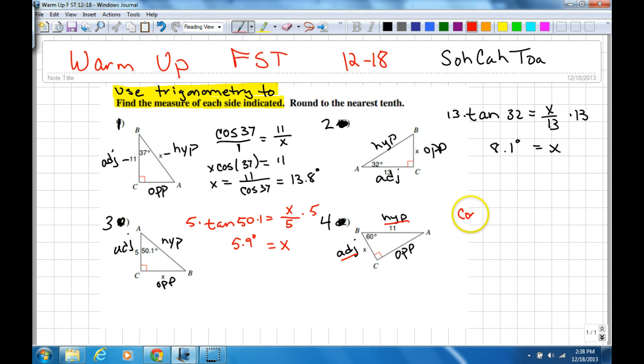Cosine. So we're going to go cosine 60 equals x over 11. Okay? So if I multiply both sides by 11, what do you get? I got 5.5. 5.5, yep.